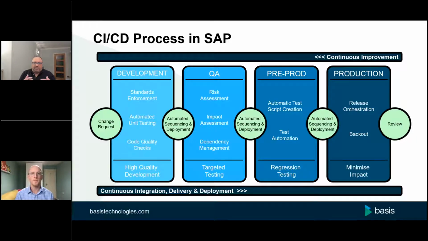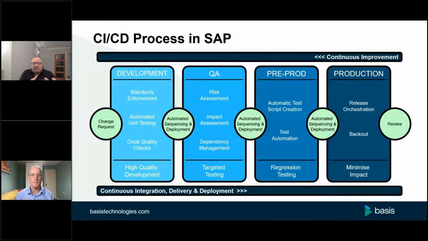So, this is where the architecture is different to those non-SAP environments. But we want to try and achieve exactly the same outcomes within our SAP landscapes as we can with our non-SAP landscapes. So when we're looking at the development system, we're looking at trying to get higher quality out of development in the first place.